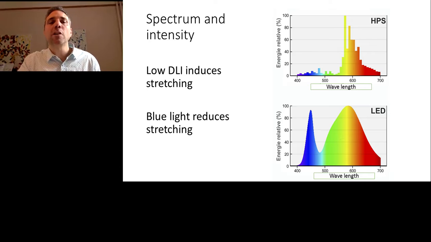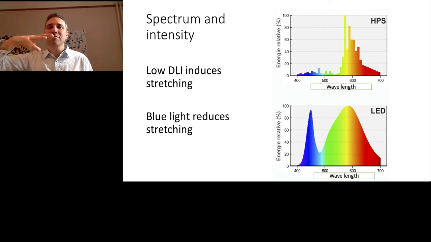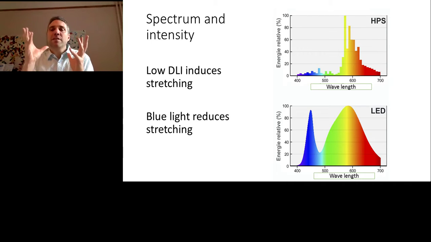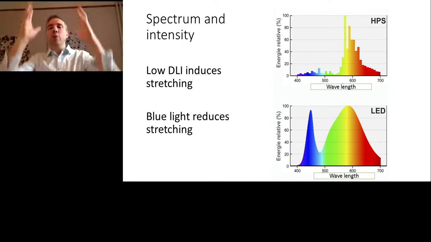For instance, low DLI, and DLI stands for daily light integral, is the total number of photons that the plant is receiving over a 24-hour period. If the plant's not getting enough light, it will think that it's being shaded somehow, and it will have a growth spurt.